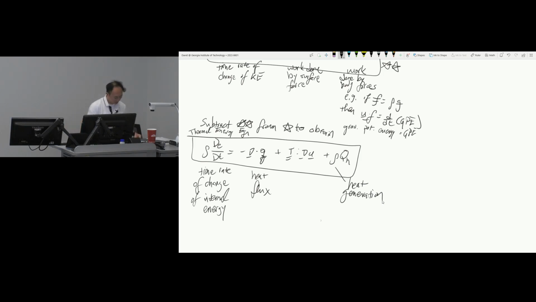Now, how do we interpret this stress tensor double dotted with the velocity gradient? This is going to be a combination of two terms. This is called viscous dissipation plus what we call dilational work.